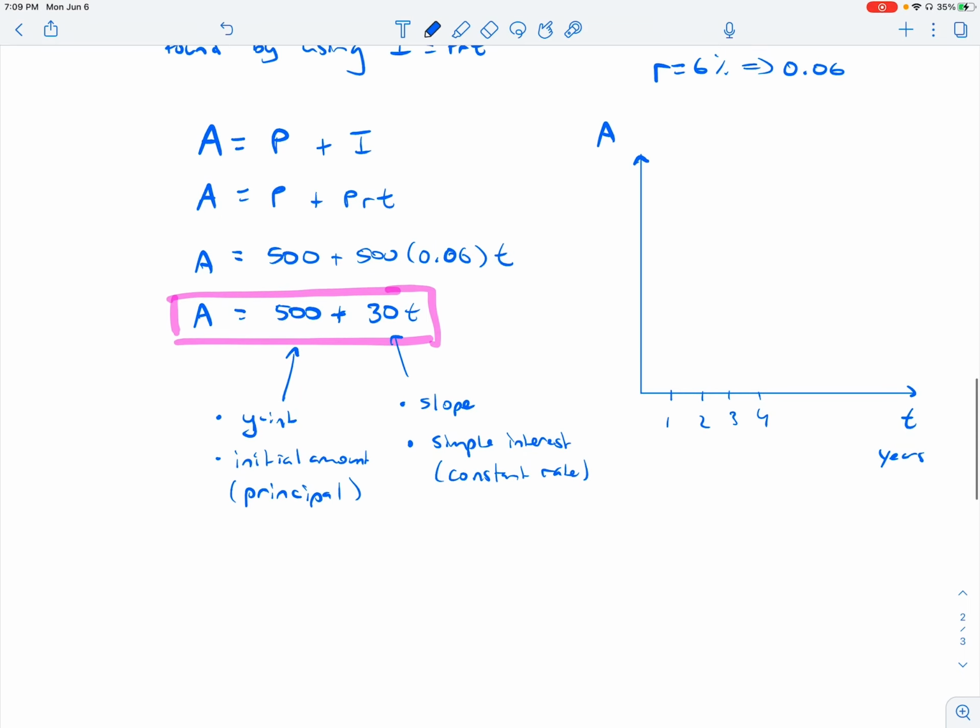So at time 0, we have 500. So I'm going to map out about 500 right here, and then I'm going to do 600 up here. So then we've got 550, 575, 525.